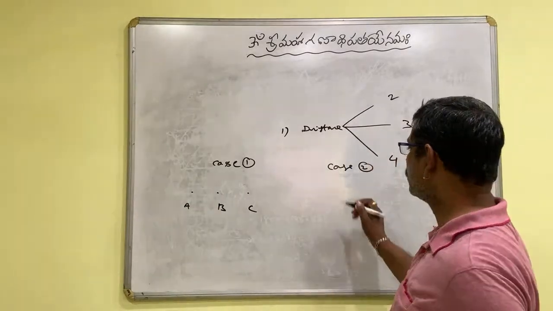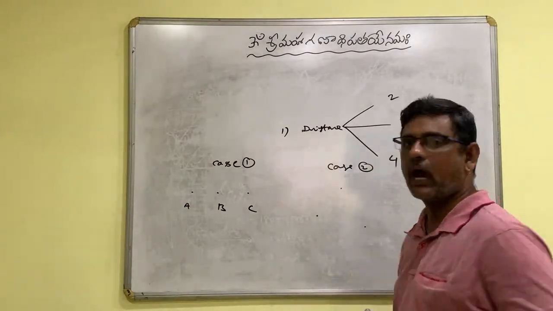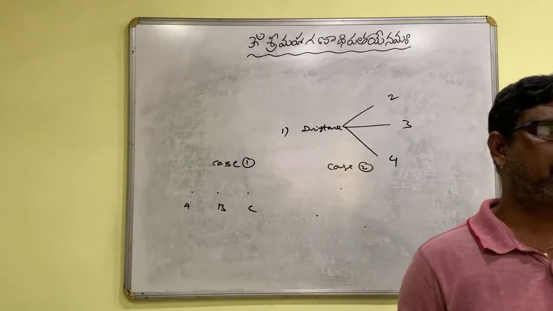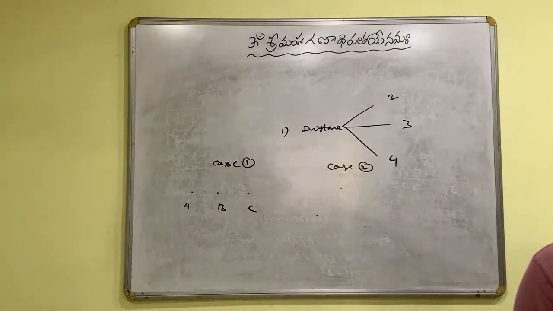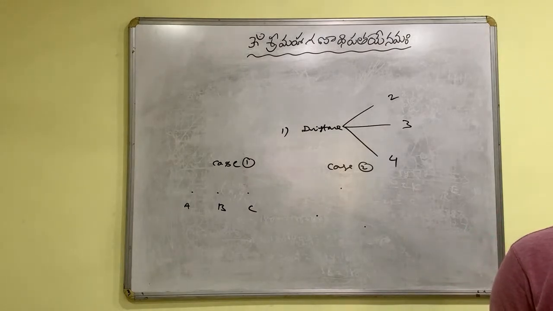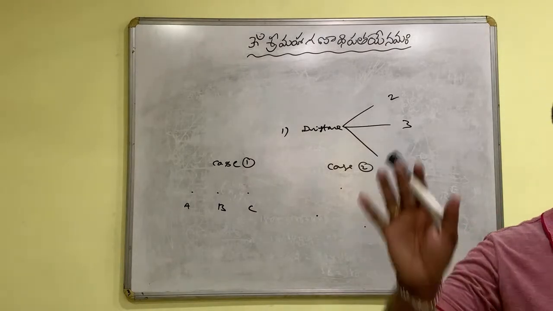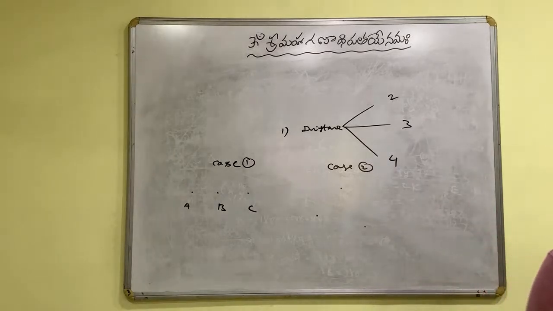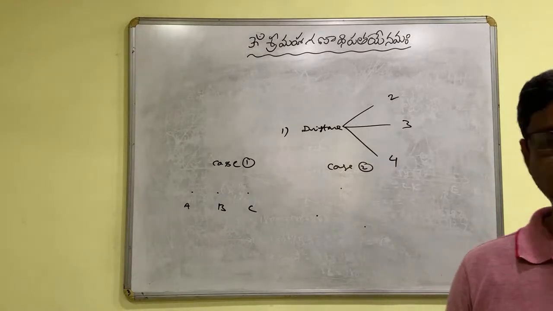Case 2, we are not able to draw a line passing through all the 3 points. These are the 2 cases. Okay, na children? Right.